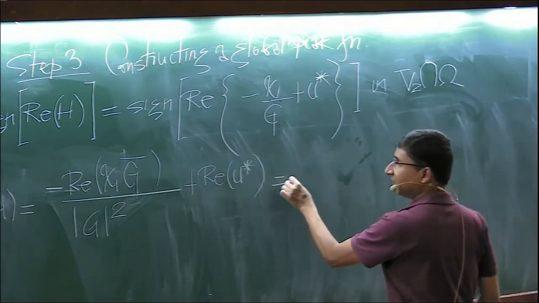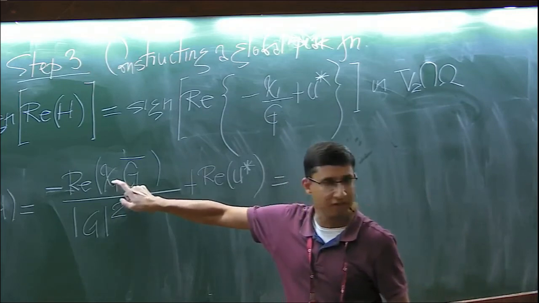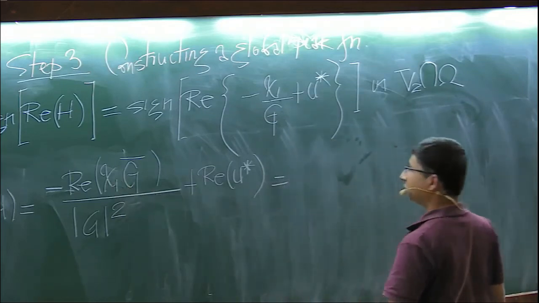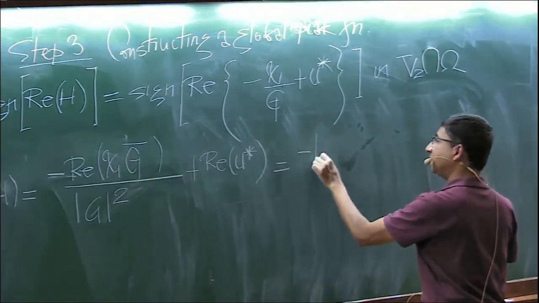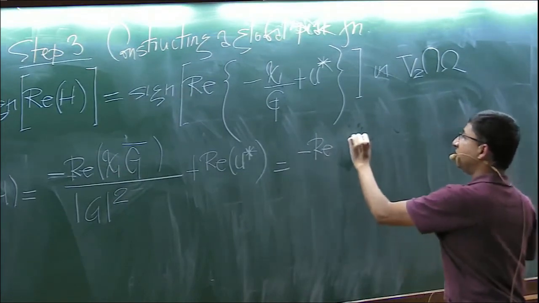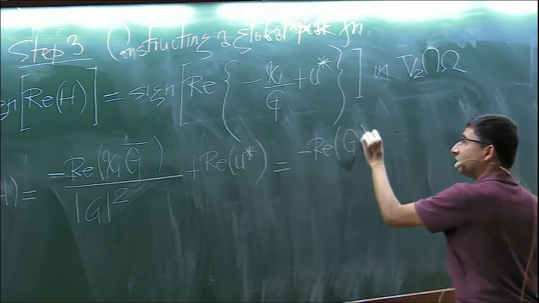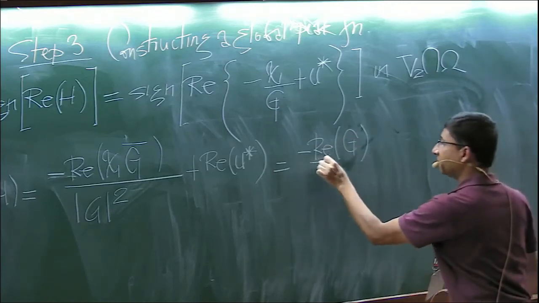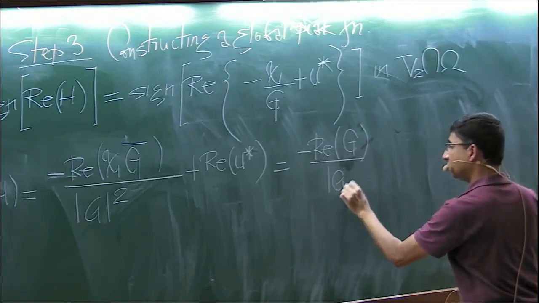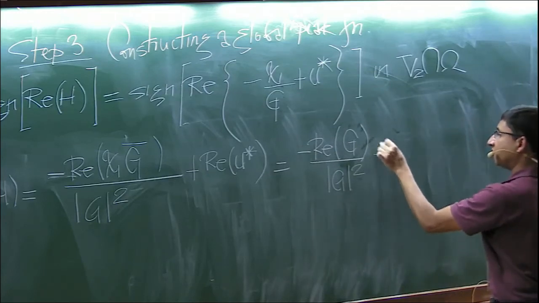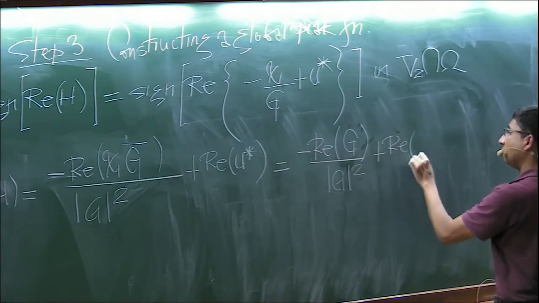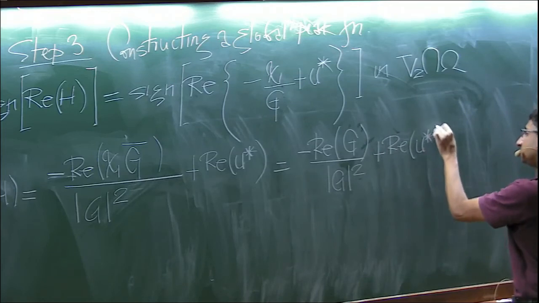But now the great thing is, this is purely real. So this is just the negative of the real part of G conjugate, which is the same as the negative of the real part of G, divided by mod G squared, plus the real part of U star.